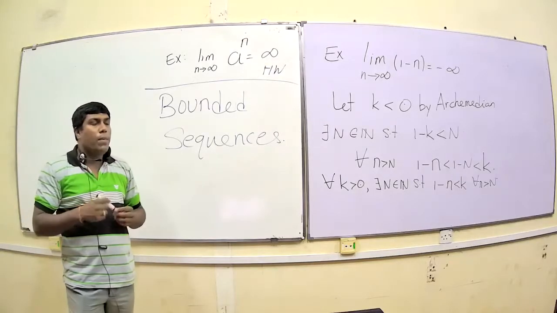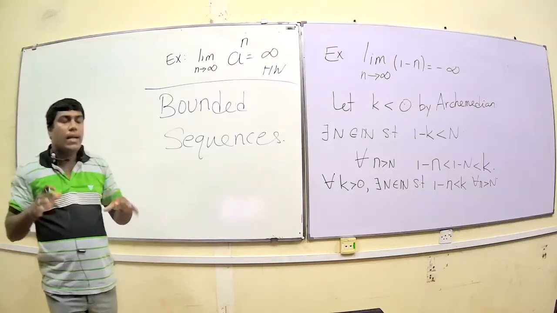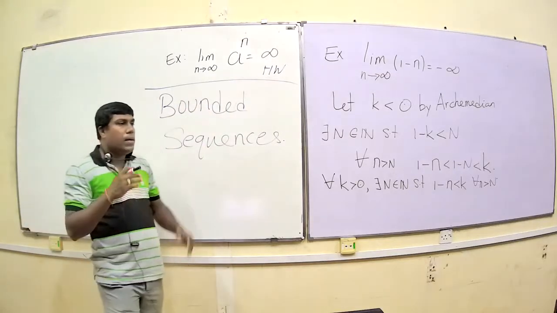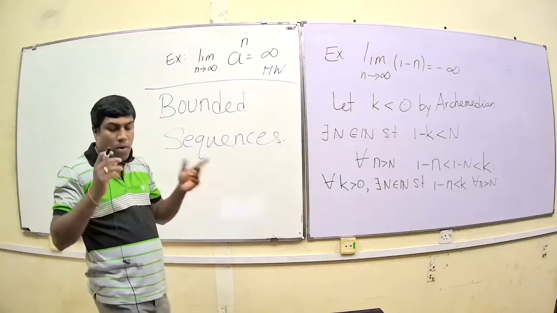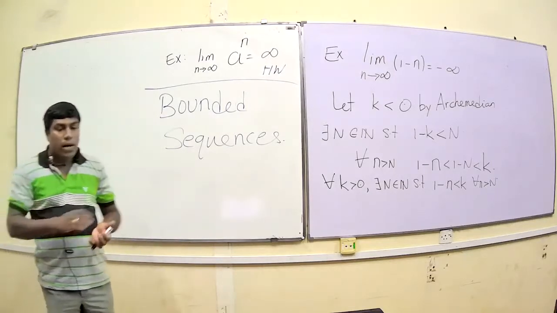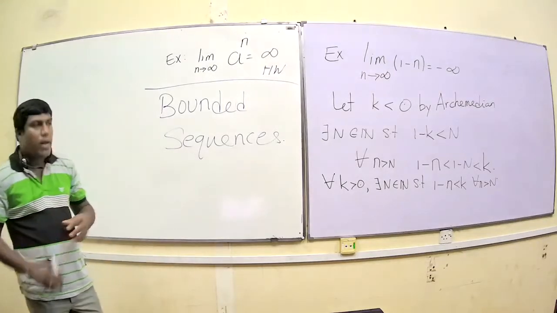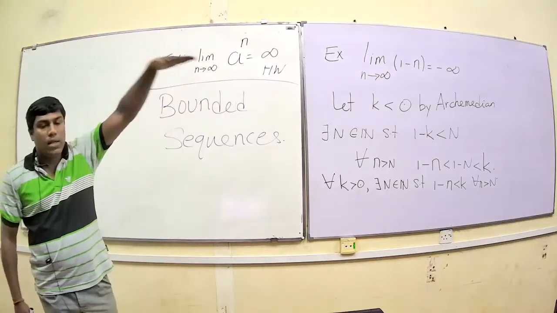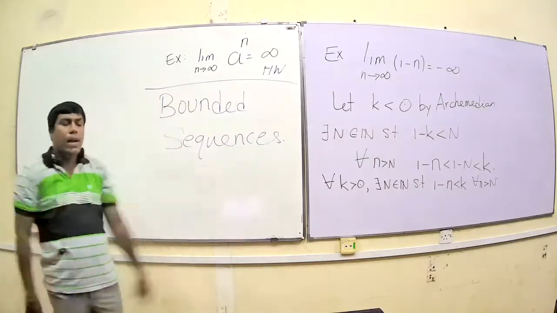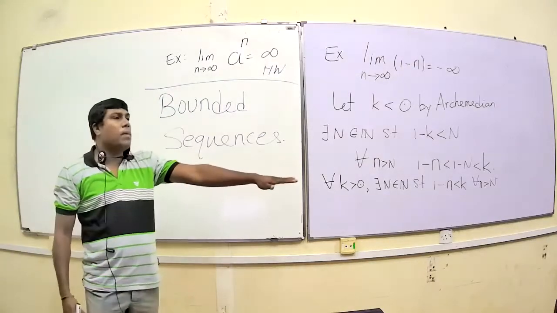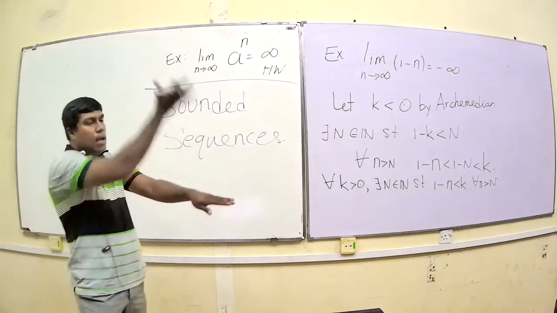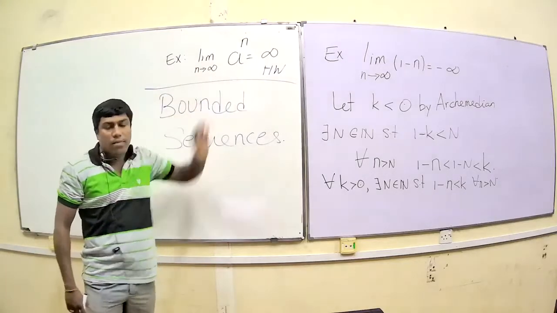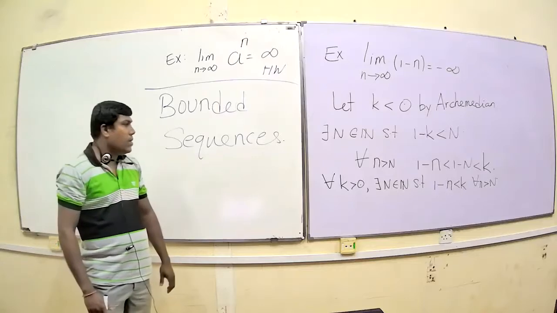When we defined supremum and infimum, we said that a set of real numbers is bounded above and a set is bounded below, and if it is both, we call it bounded. A set is bounded above if every element in the set is below a certain number, and bounded below if every element in the set is above a certain number. Here we are going to do the same kind of definition for sequences.